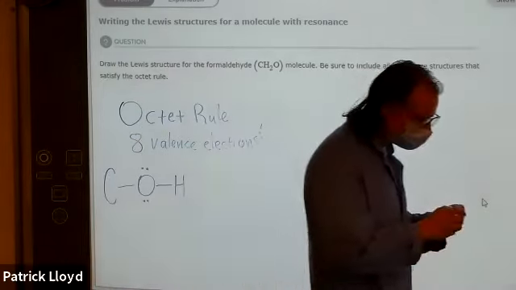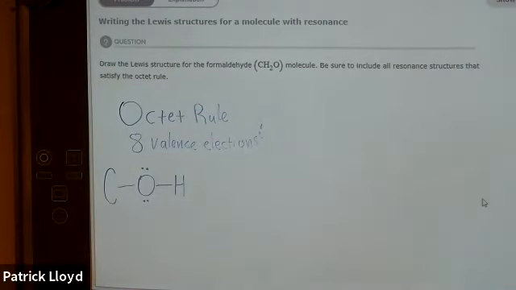So let's take a look at an example here. In this problem, it says we're going to draw a Lewis structure for the formaldehyde molecule, which is CH2O. And we want to make sure we draw all the resonance structures that satisfy the octet. So CH2O.